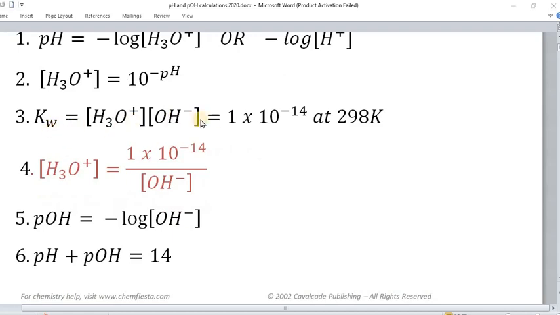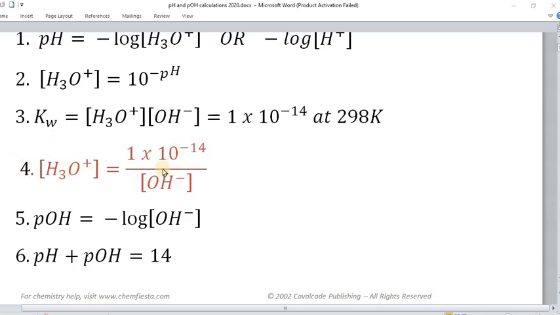Another important formula you will apply here, we call it the auto-ionization formula of water. We will explain it further, but that gives you the product of the hydronium ion and the hydroxide ion concentrations. It gives you 1 times 10 to the power minus 14. If you manipulate this in order to get your hydronium ion, you can manipulate it this way.